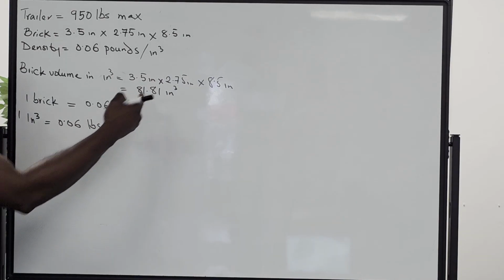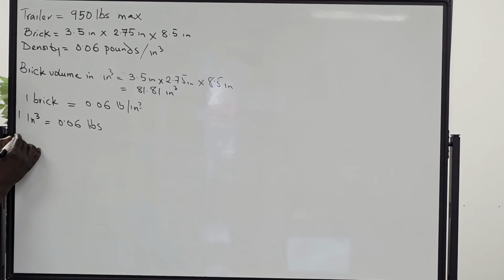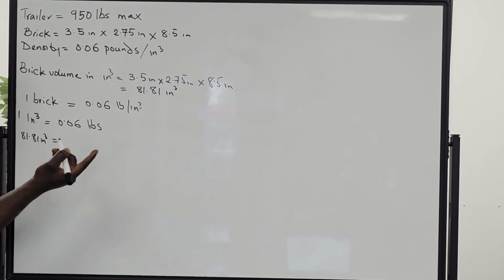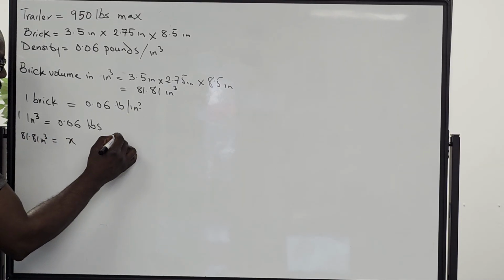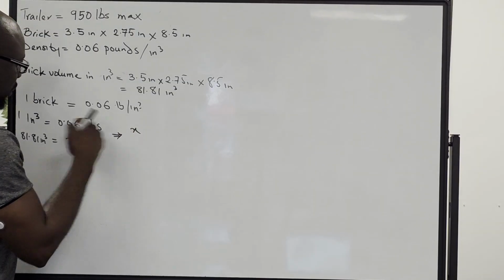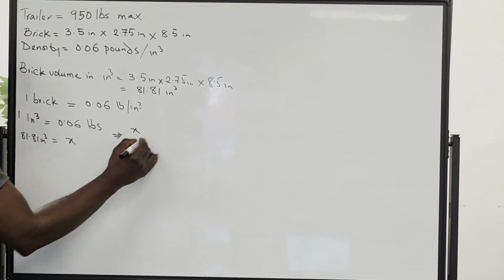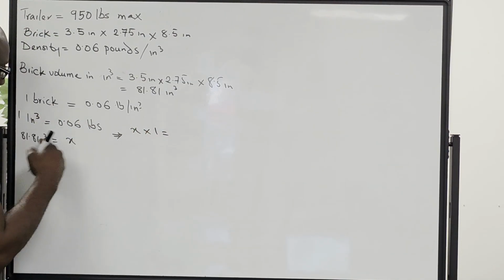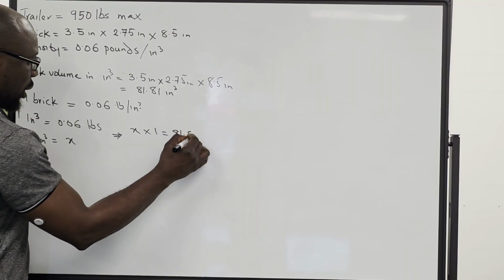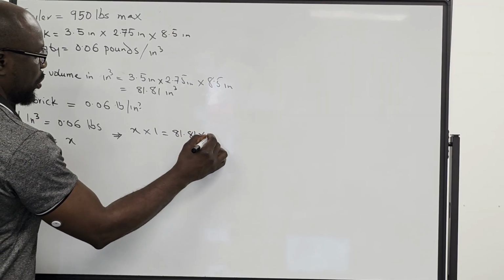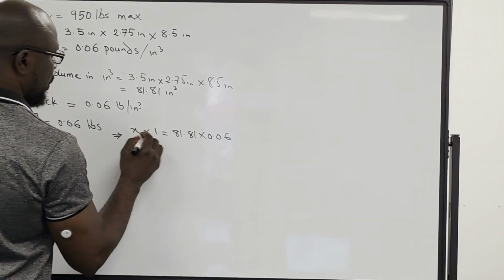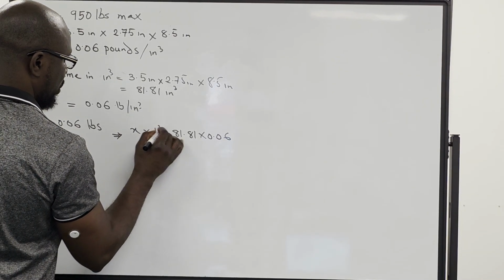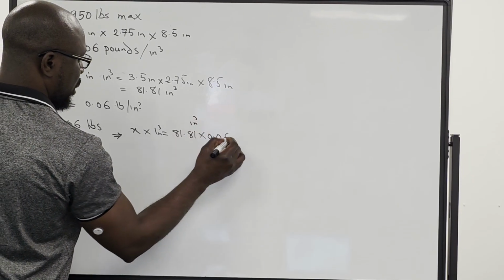When I have 81.81 inch cube, how many pounds is that? That'll give me X. So X times 1, if you cross multiply, is equal to 81.81 times 0.06. This is in inches cube, and this is in pounds.